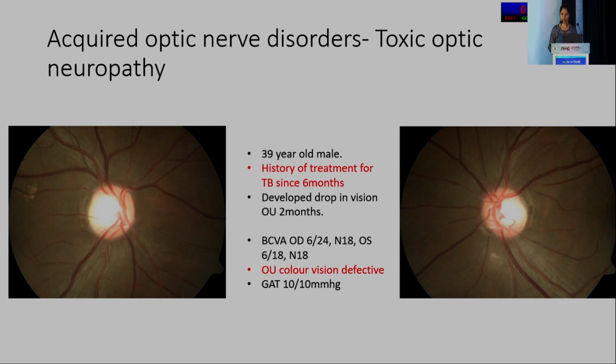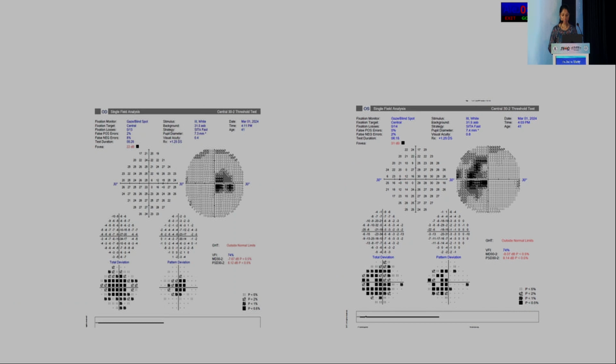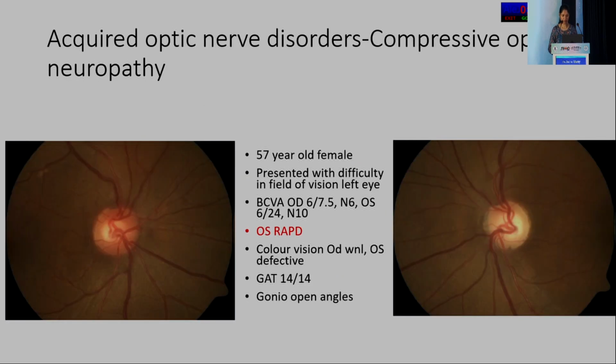Another example of an optic nerve disorder commonly seen is toxic optic neuropathy. Here the patient had a history of treatment for tuberculosis for 6 months, and the discs in both eyes show temporal pallor, and visual fields show central defects in both eyes. This is an example of a 57-year-old female presenting with a defective field of vision in only one eye with an RAPD on clinical examination.